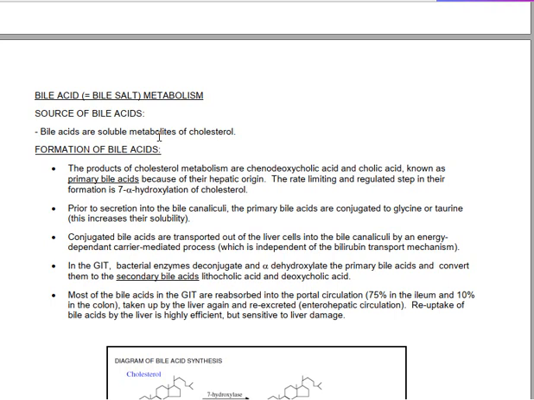The products of cholesterol metabolism are cheno-deoxycholic acid and cholic acid, which are primary bile acids because of their hepatic origin. The rate limiting step of this reaction is the 7-alpha hydroxylation of the cholesterol.